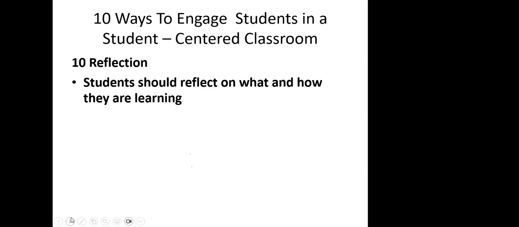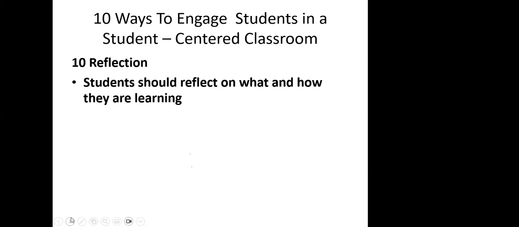So give students an opportunity to reflect on what and how they are learning. Give them the opportunity to make recommendations on the lesson. Let them comment. Let them speak.